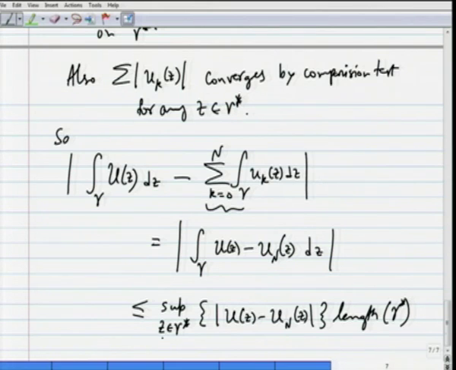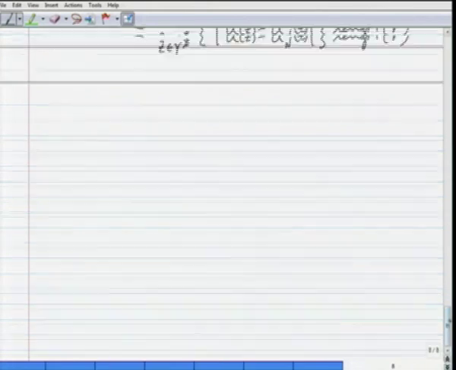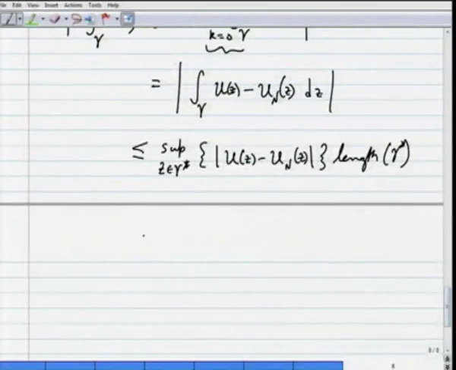So, in turn this is less than or equal to, well, the difference u of z minus u n of z is equal to the tail of the series sigma u k of z.